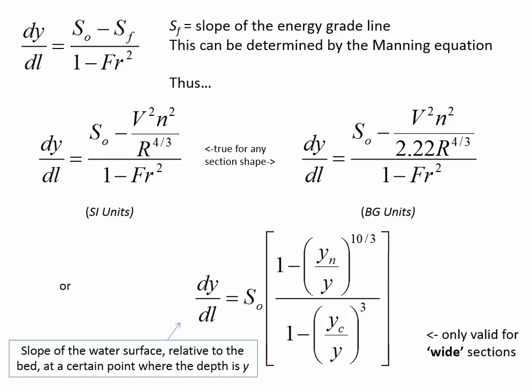So if the width is equal to or greater than 20 times the depth, then you can use this. It doesn't look that much easier, but when a section is wide, what we're assuming is that it effectively is rectangular, because whatever shape it has on the edge is irrelevant. So I did start off to say it's rectangular, but then I remembered it doesn't matter.